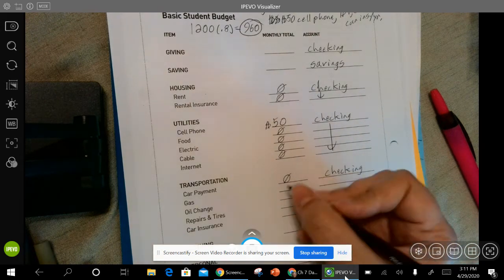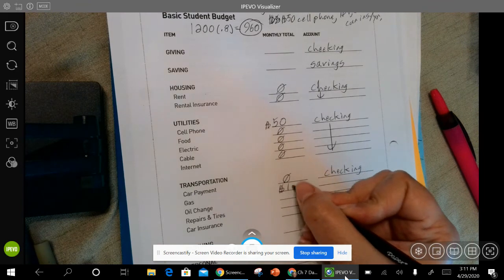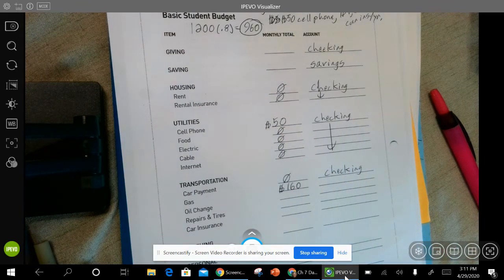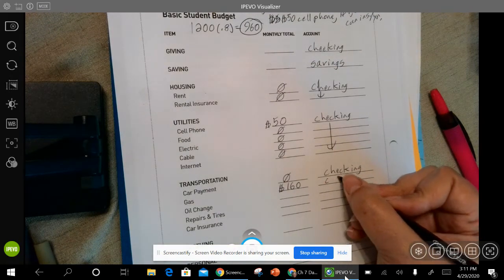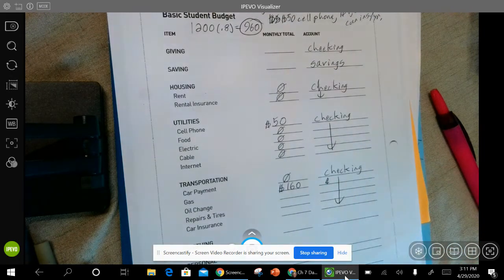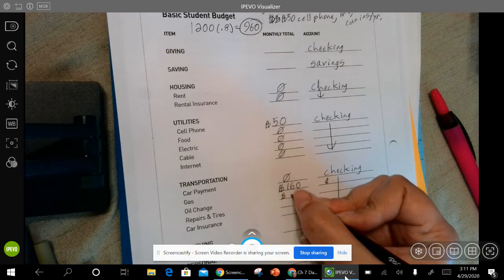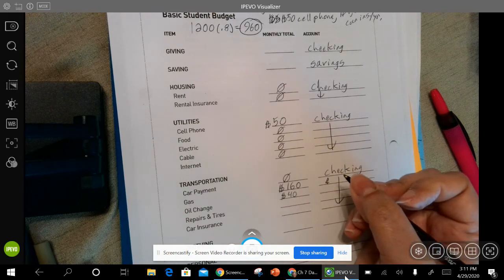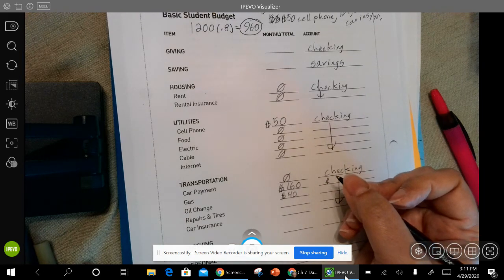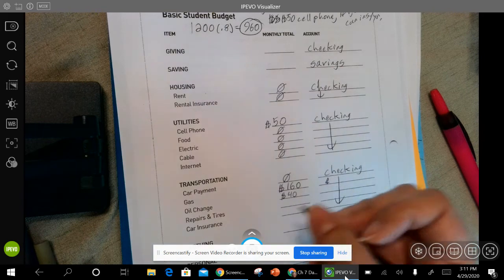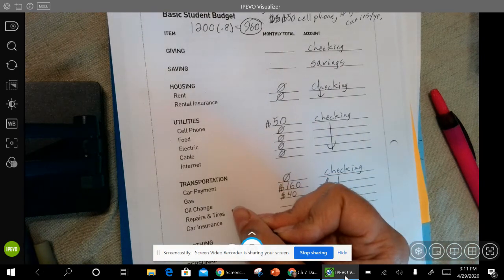Okay, gas. Let's say you do an average $160 a month, $40 a week. I know right now gas price has gone down. Oil change. So usually, let's say it's approximately $40. It can be more, it can be less. And then average car maintenance cost, like I said, everybody, it depends on your car.